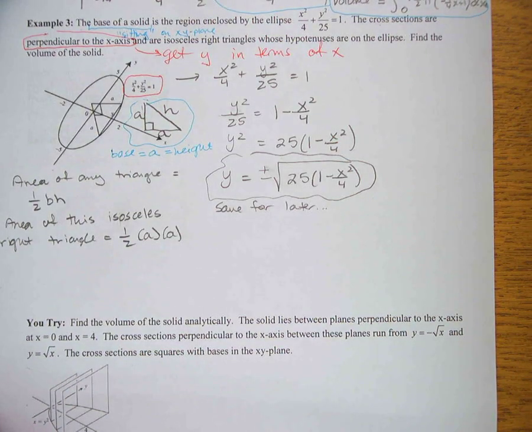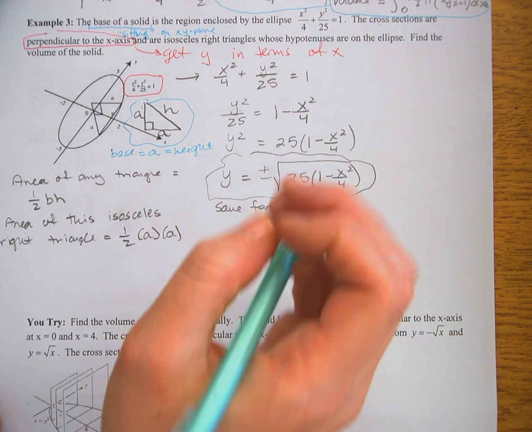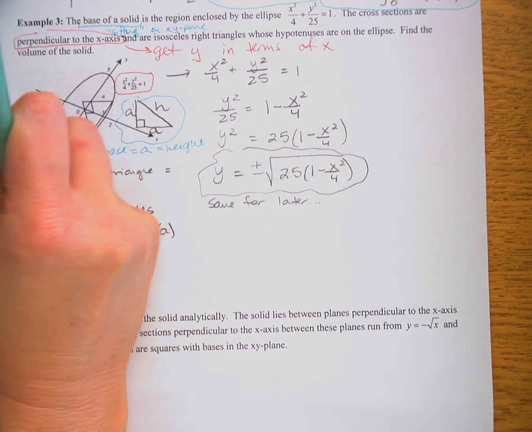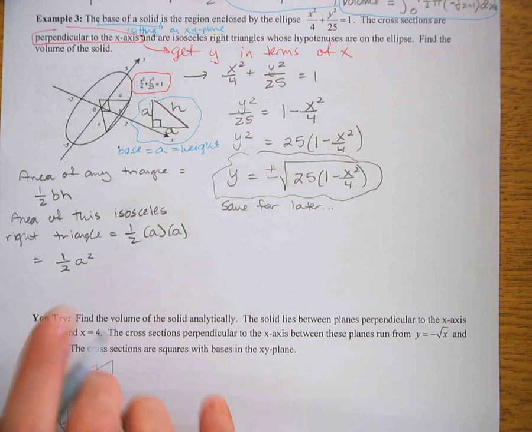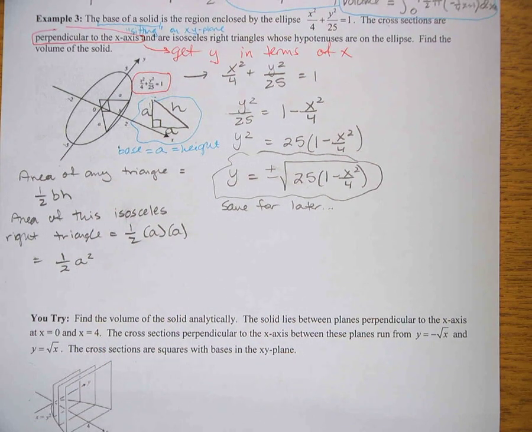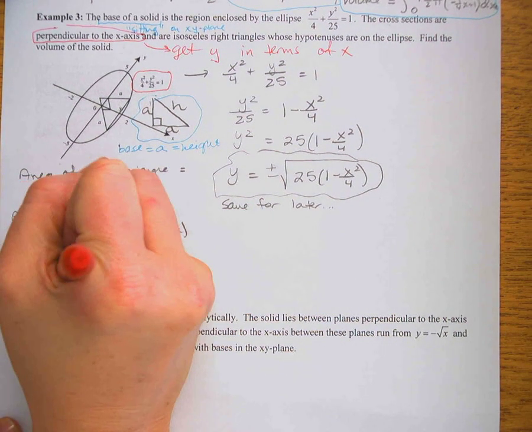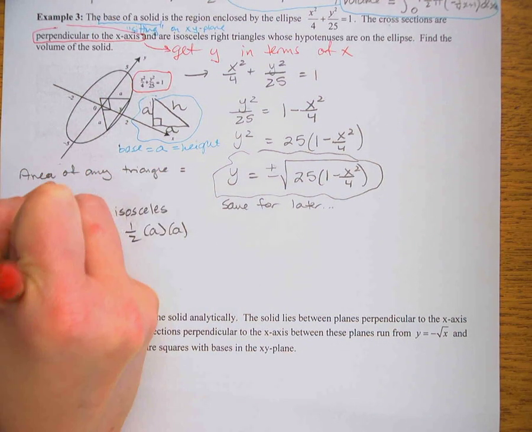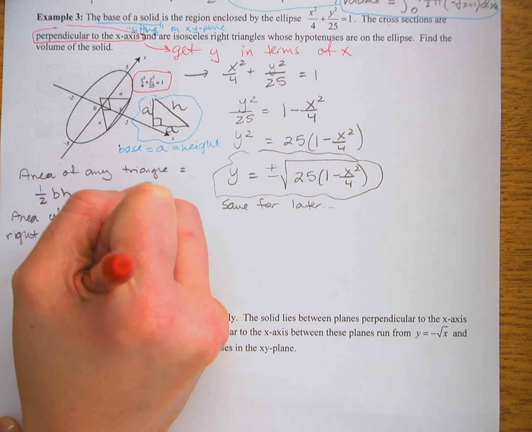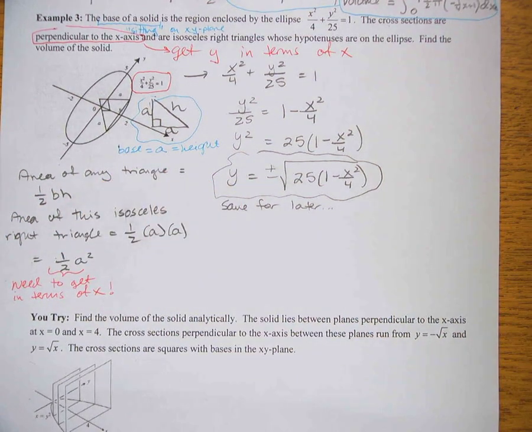They're all equal to A, so it's very helpful. Okay, so the area of this particular triangle is equal to 1/2 A squared. I just need to get that A in terms of x, which will prove to be a little challenging.